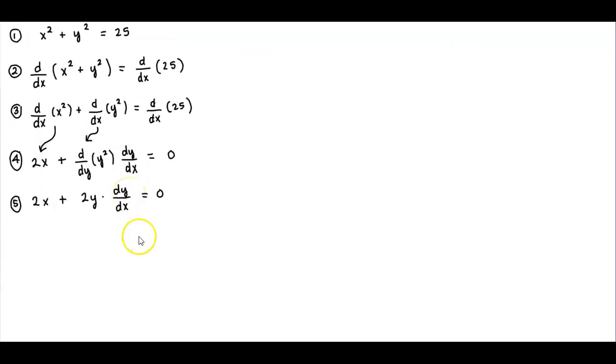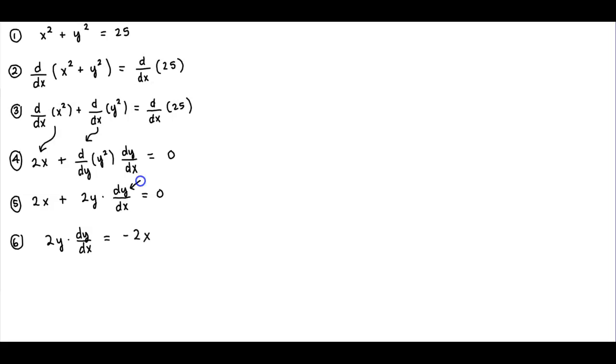And so now we want to solve implicitly, meaning we're solving for dy over dx. So we're going to isolate that. We subtract 2x from both sides, so we have 2y times dy over dx equal to negative 2x.